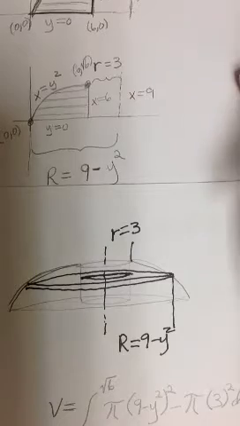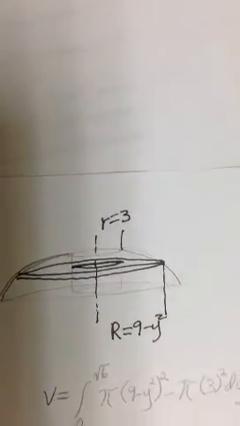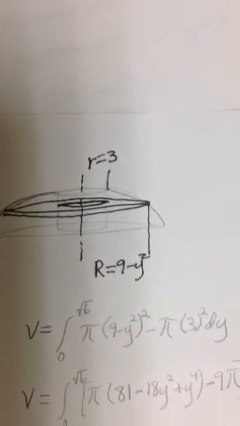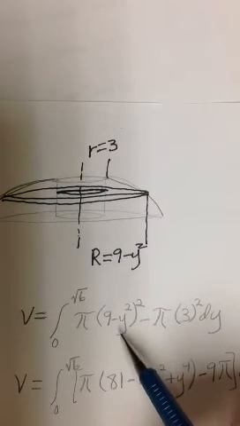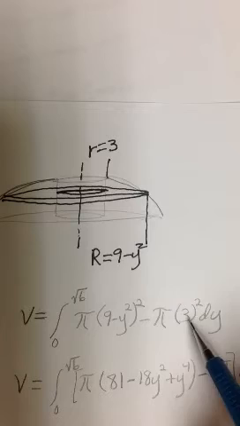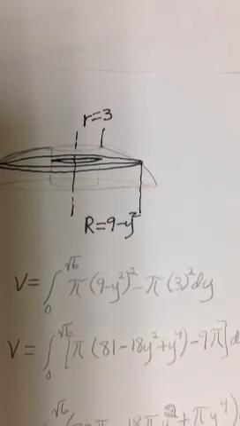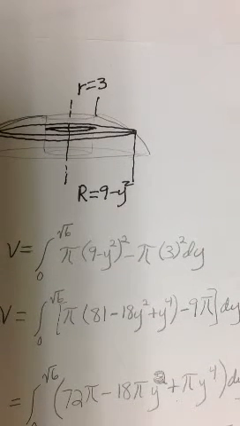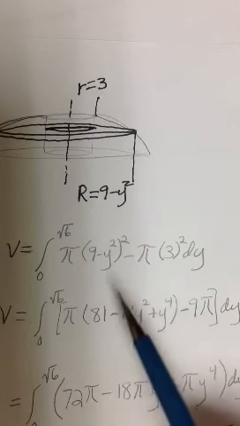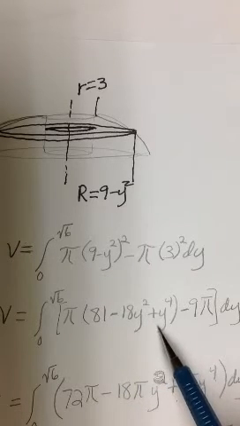In application of the method of washers, you're looking at the volume going from y is equal to 0 to y is equal to the square root of 6. You have pi times the square of the outside radius minus pi times the square of the inside radius. As we follow through applying the power rule and algebra, the square of 9 minus y squared gives 81 minus 18y squared plus y to the 4th.